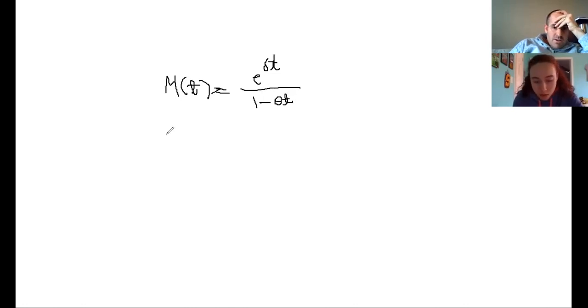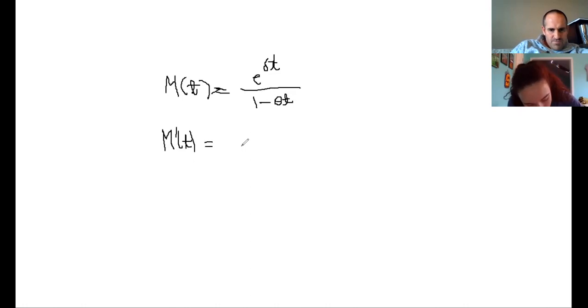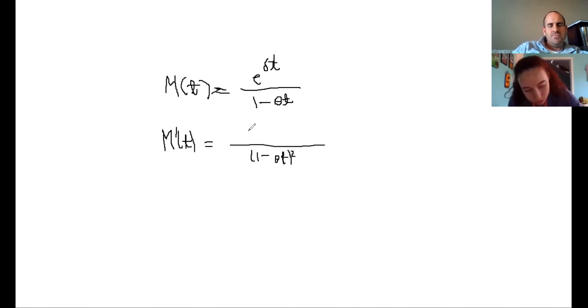Okay. So what's the derivative of this? You have to do the quotient rule. So first of all, we put the denominator squared. And then upstairs, what do we have? 1 minus theta t times delta e to the delta t.